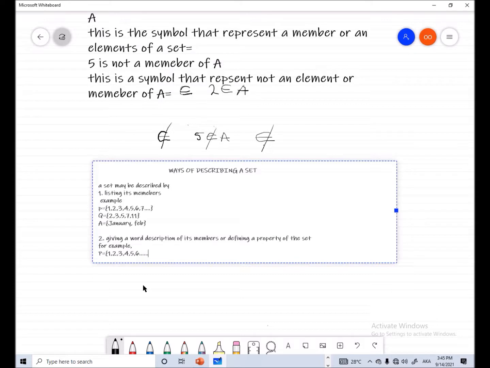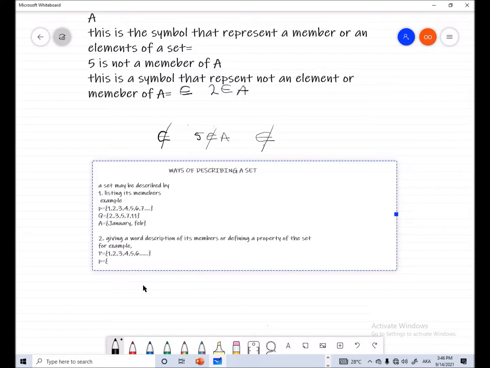Instead of rewriting it this way, we can write it in this way, describing it, making a description for it. So P equals, what do you see? 1, 2, 3, 4, 5, 6.